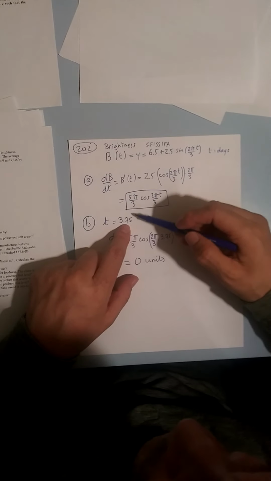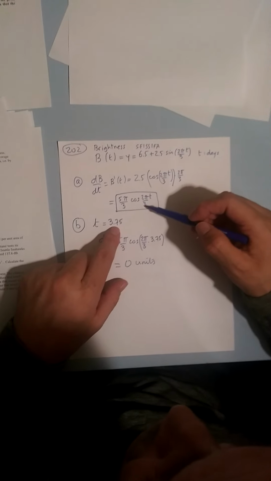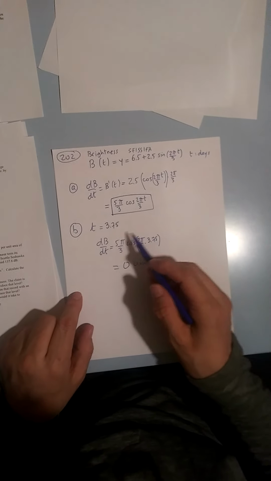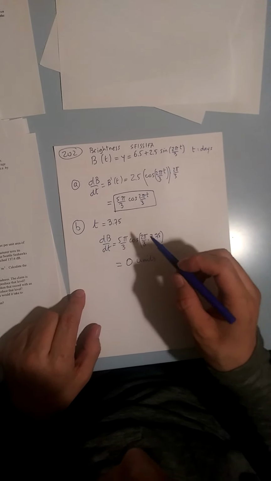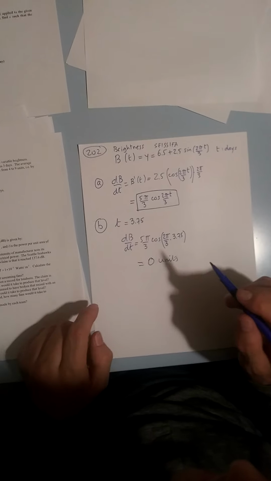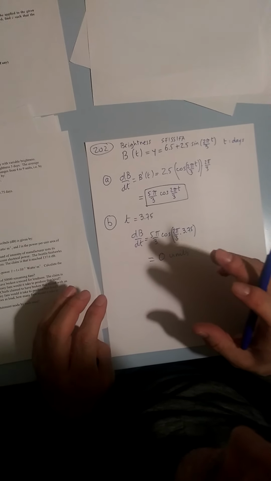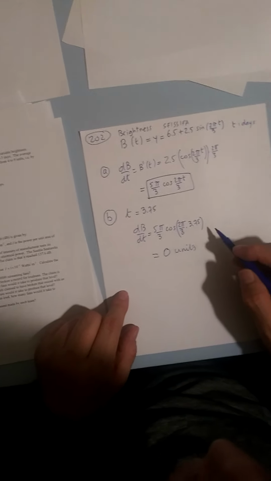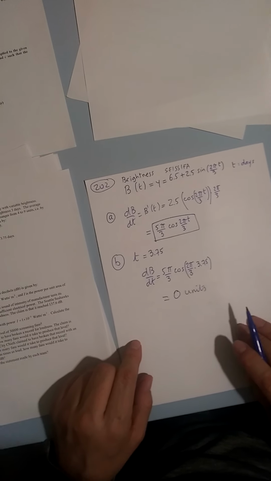So that gives you 5 pi over 3 times cosine 2 pi over 3 times this number, 3.75. And when you calculate this, you get 0 units. It means on that day, 3.75 days, the brightness does not change at that moment. It doesn't change. So the change is 0 units. That's what 0 units means.